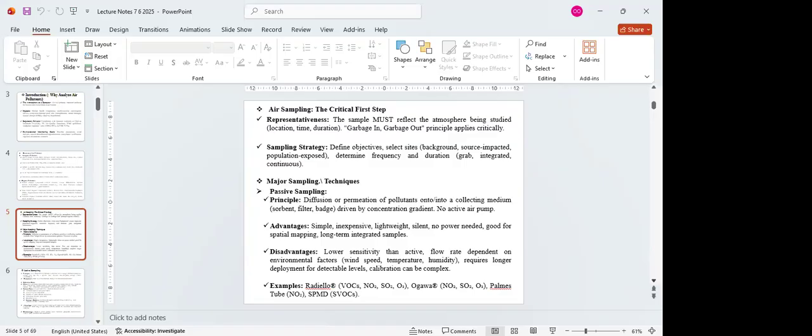GIS thing. Now we are looking at mapping. The location must be identified. The time of this sampling must be clearly stated, and the duration of this sampling must also be stated. Why do that?